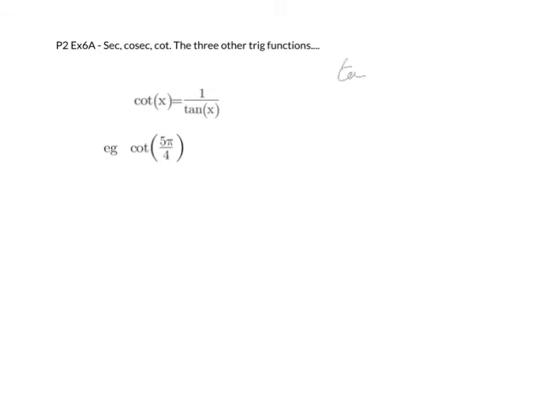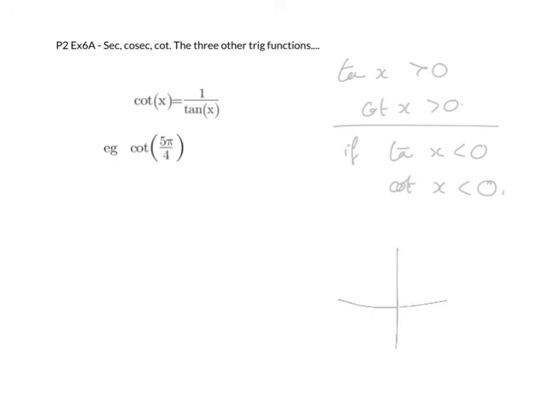Okay, so looking at the last one, cot of x is the same as 1 over tan of x. And their signs are the same, so wherever tan is positive, cot is positive, and likewise with negative. Now, it's the same idea.